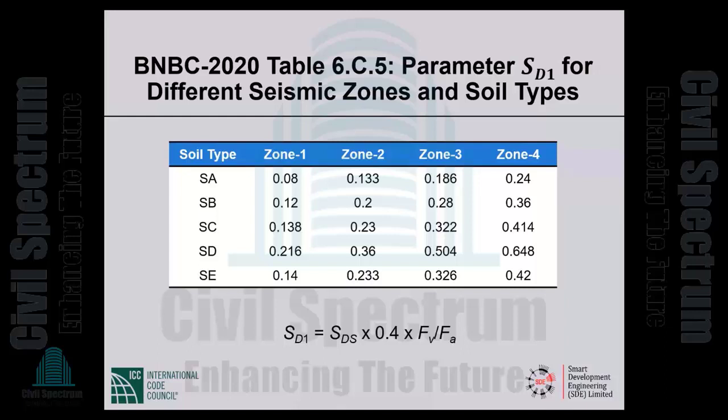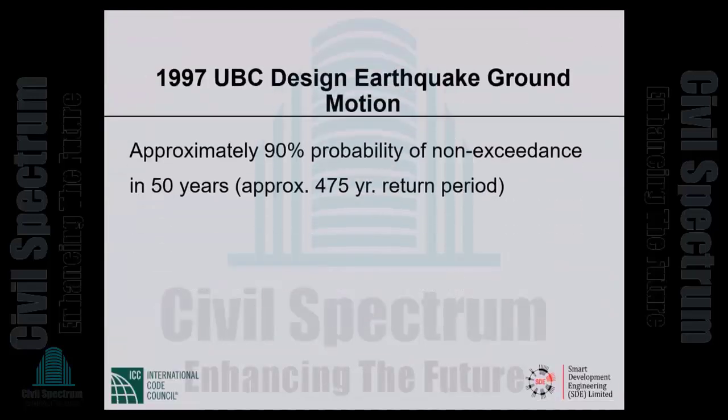And the F sub D over F sub A quantity that I listed in one of the earlier tables. So S sub D1 and S sub DS are not independent either. They are related as shown here. All of this tells you about the convergence between Appendix C and the main body of BNBC 2020.